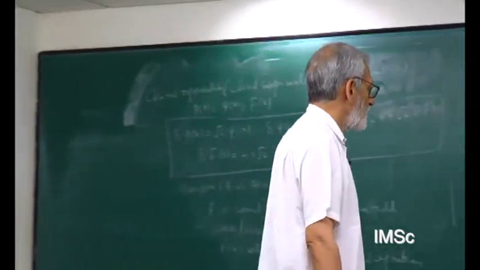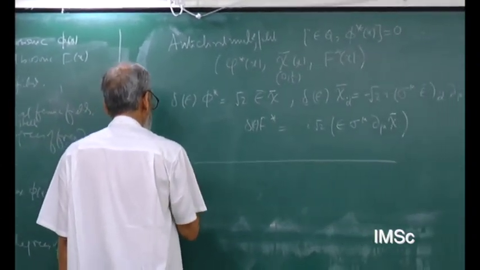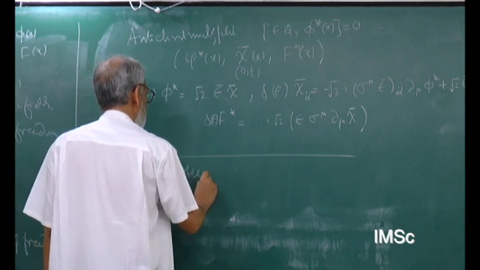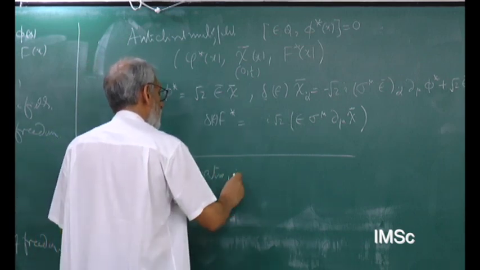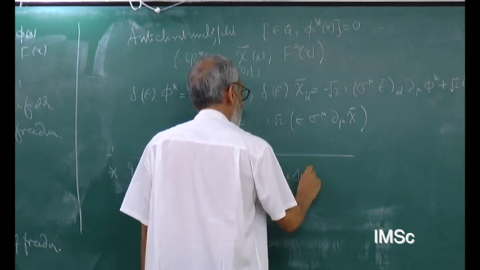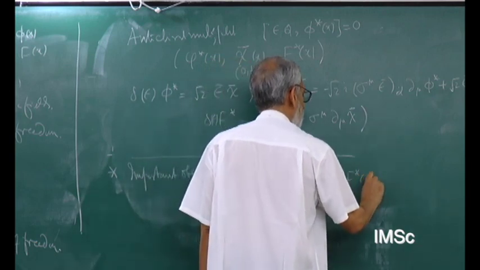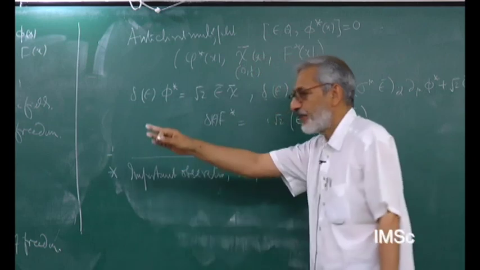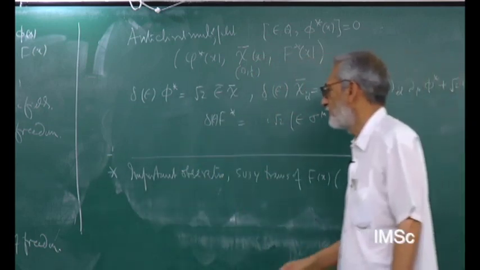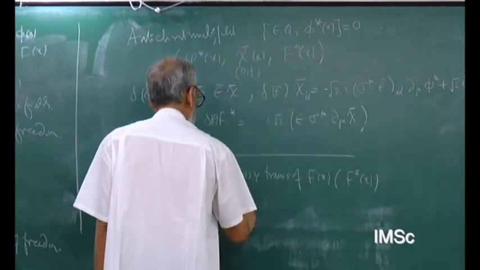But there's one last observation, and an important observation. The SUSY transformation of F or F star, which means F from the chiral multiplet or F star from the antichiral multiplet, is a total derivative.